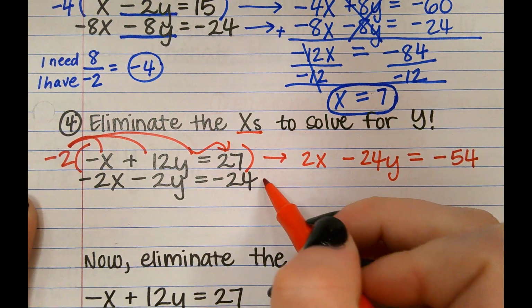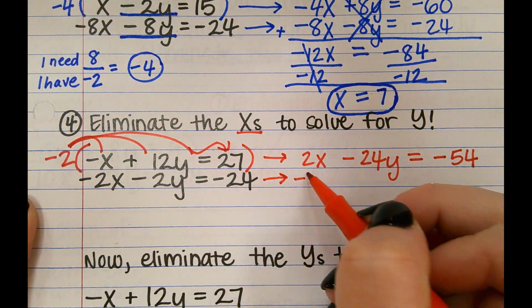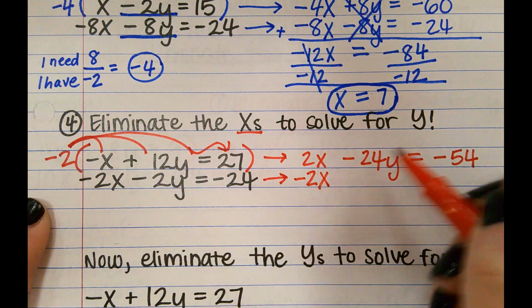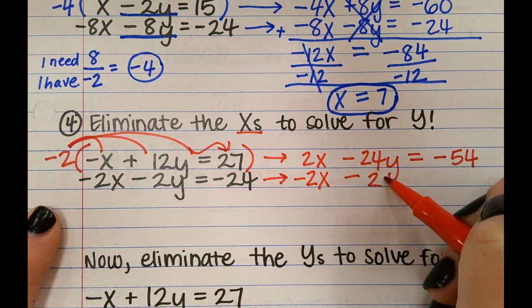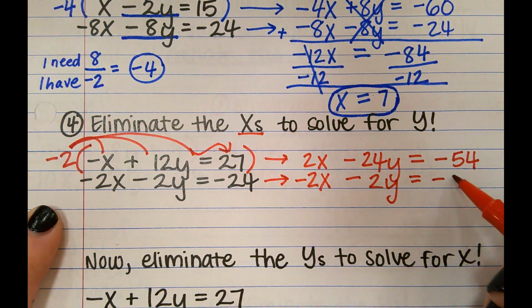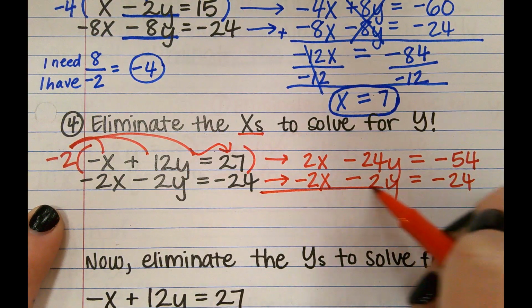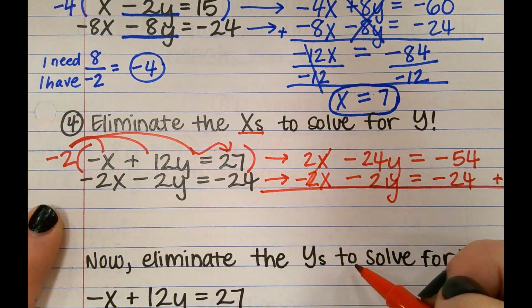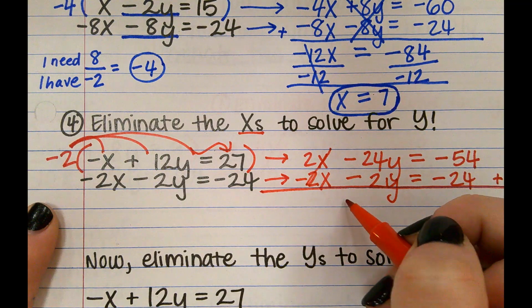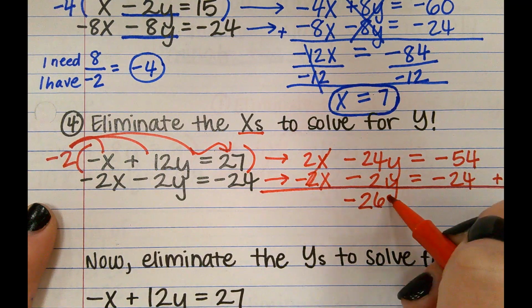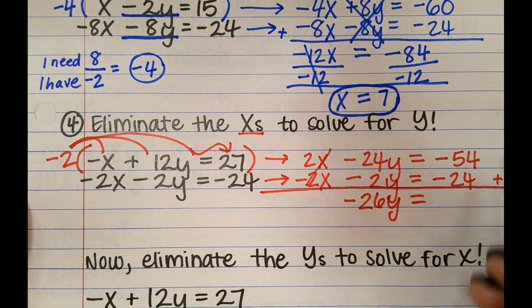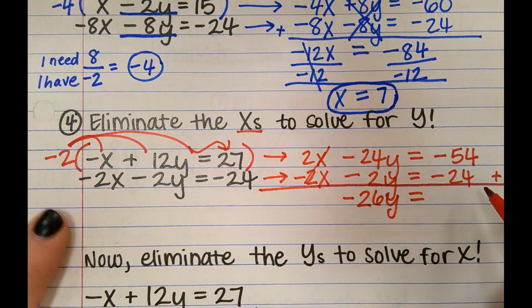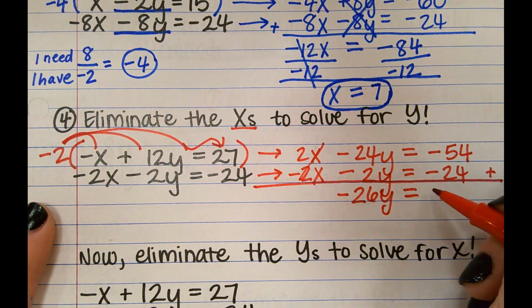I brought down the other problem: -2x minus 2y equals -24. And then that cancels out the 2x, and then I get -26y equals -78.